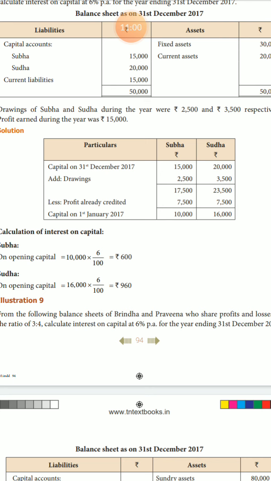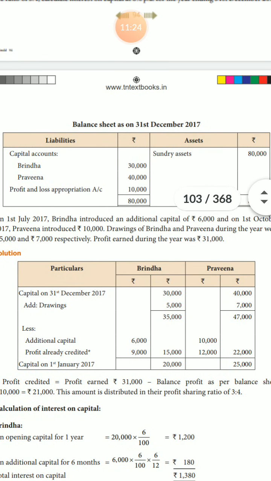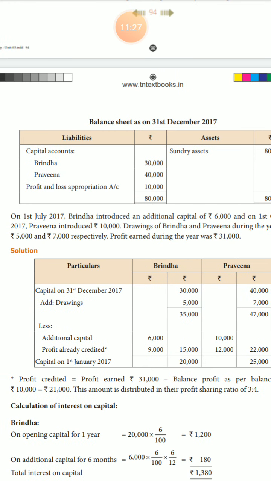How much is the drawing? In the last line, listen students, drawings of Brinda and Praveen during the year are 5,000 and 7,000 respectively. Adding drawings, the balance is 35,000 rupees for Brinda and 47,000 rupees for Praveen.